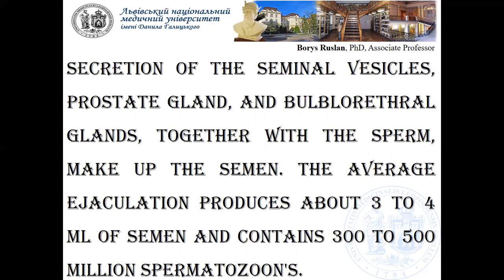What is this genital system for? The secretion of the seminal vesicles, prostate gland, and bulbourethral glands together with the sperm make up the semen. The average ejaculation produces about 3 to 4 milliliters of semen and contains from 300 to 500 million spermatozoa.